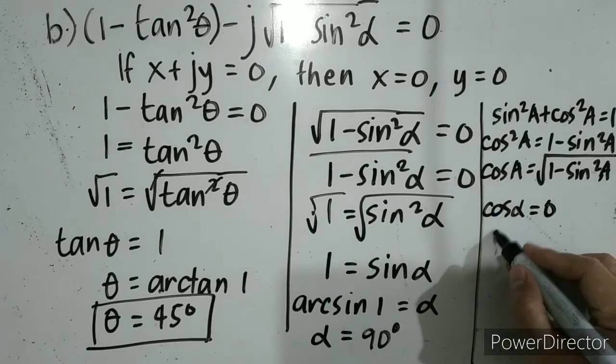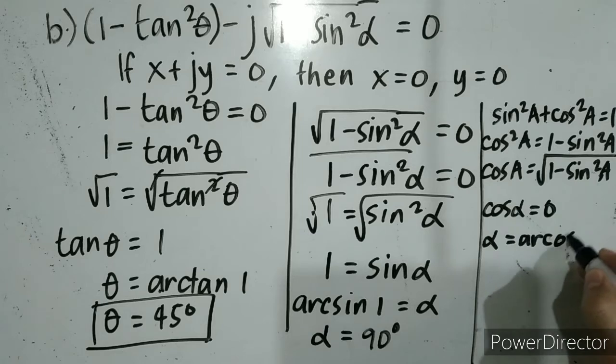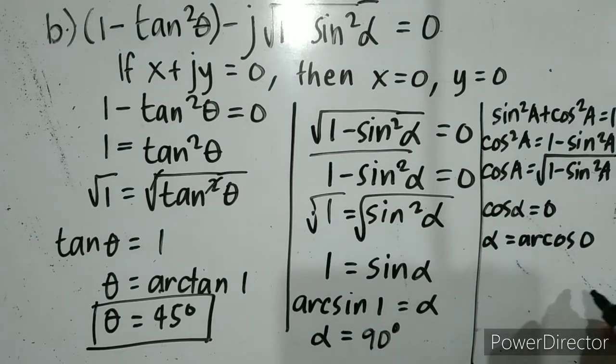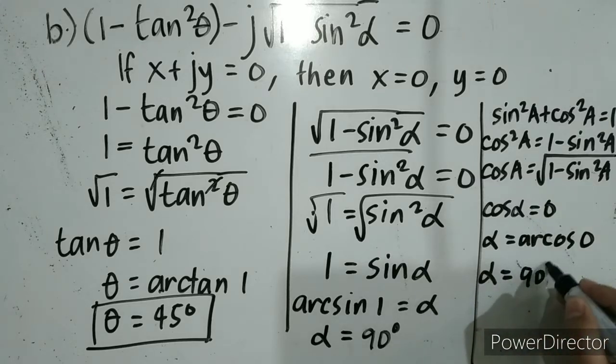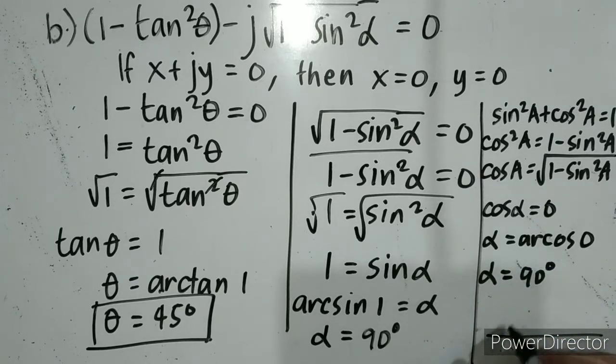And so alpha is equal to arc cosine of 0, and arc cosine of 0 is equal to 90 degrees, because as we have said, the cosine wave starts at angle 0 with a value of cosine 0 equal to 1, and then for 90 degrees or pi over 2, the value of cosine is 0.